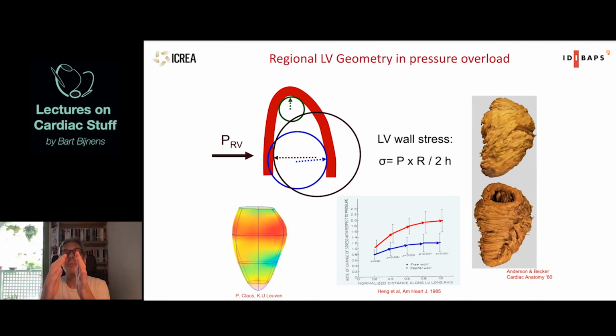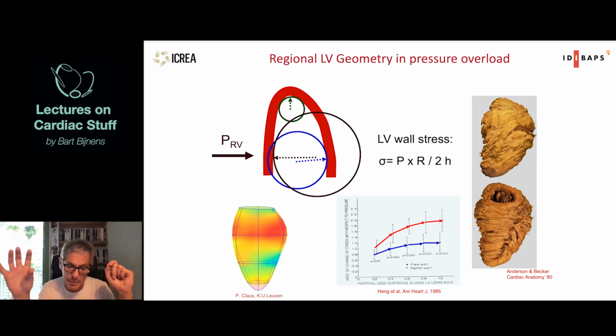This geometry tells us something about the distribution of wall stresses, and how the geometry changes the wall stresses, but how this is compensated by the normal morphology, in such a way that in a normal heart with a normal pressure, the wall stresses are equally the same everywhere, because that's the condition in which the myocytes want to work.